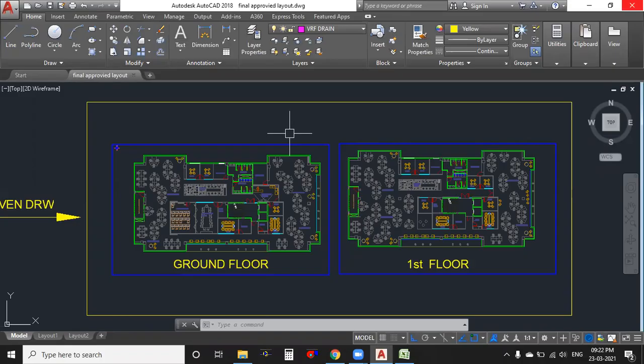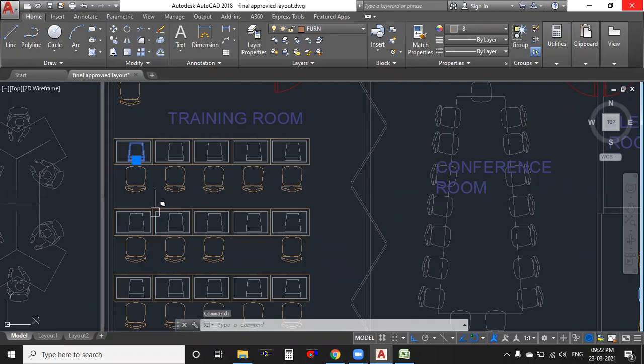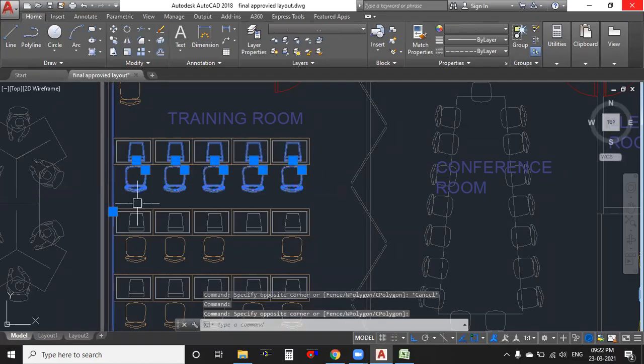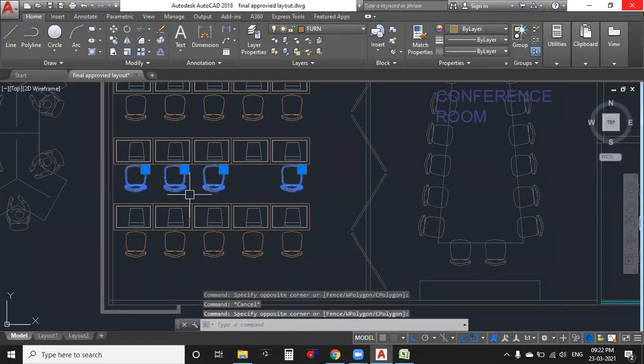I'll show you some small mistakes in this layout. If you see here, I have a training room. Everyone can see the training room here. In the training room, this is a system, a computer, and this is a chair. Here I have 5 systems as well as 5 chairs. But in the second line, you have 5 systems and only 4 chairs.